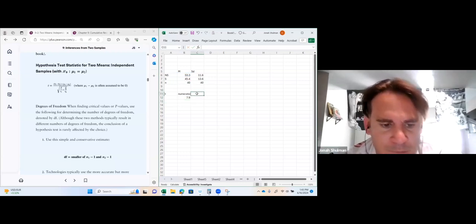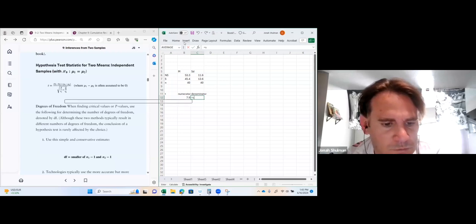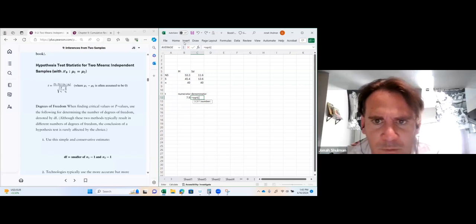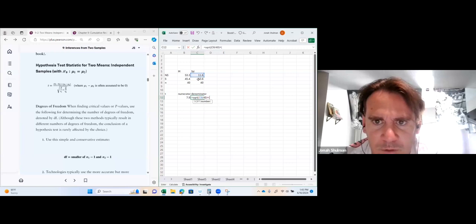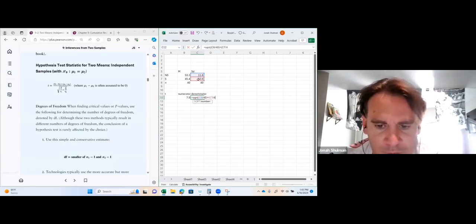All right, and now our denominator is going to be equals the square root of double parenthesis. So I need this one. Sorry, I need 2 first. Yeah, sorry, the first one divided by 40 plus the second one divided by 40.